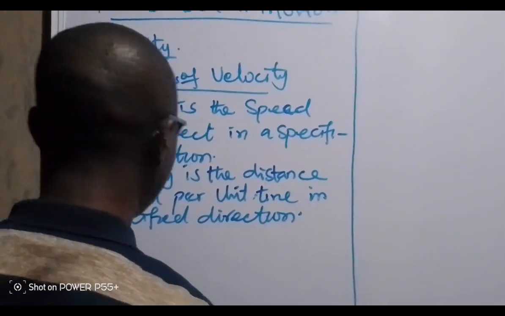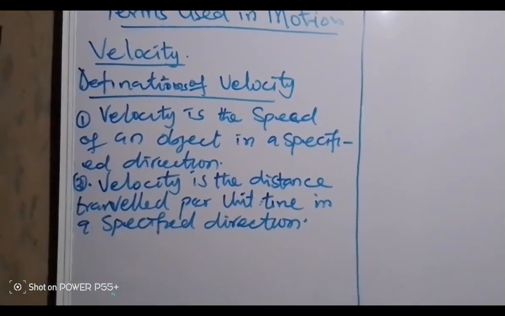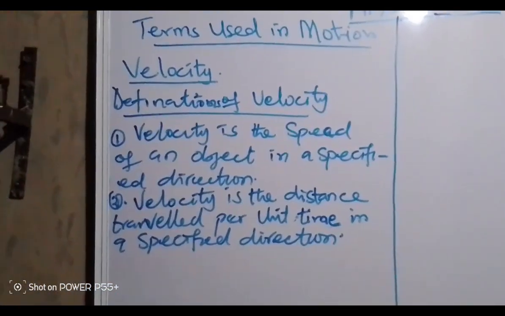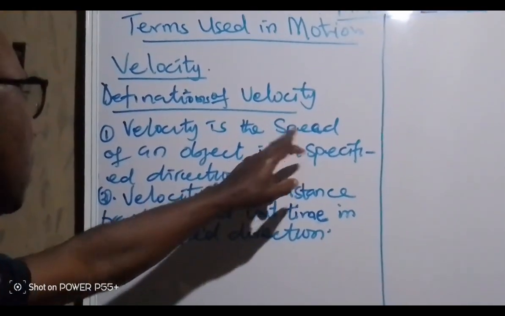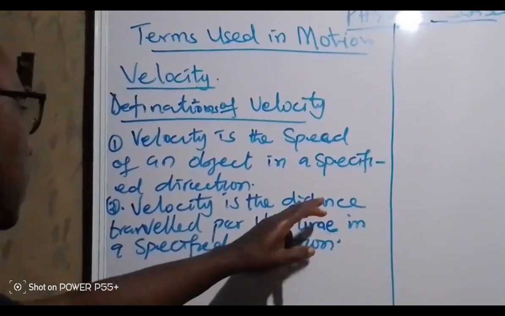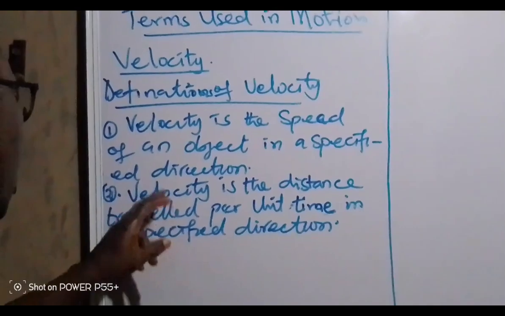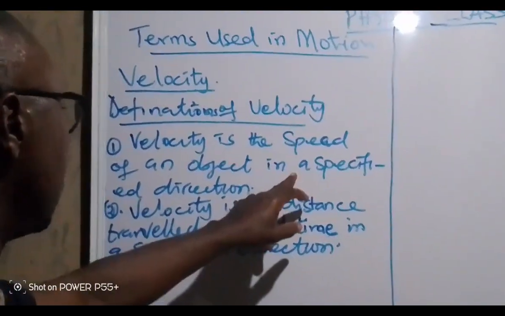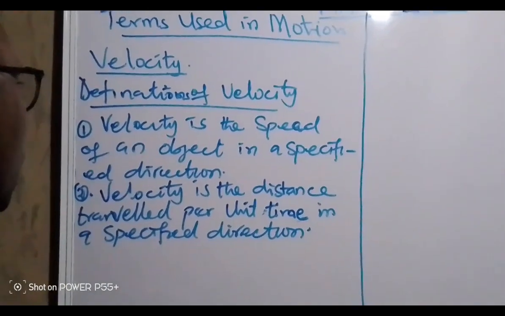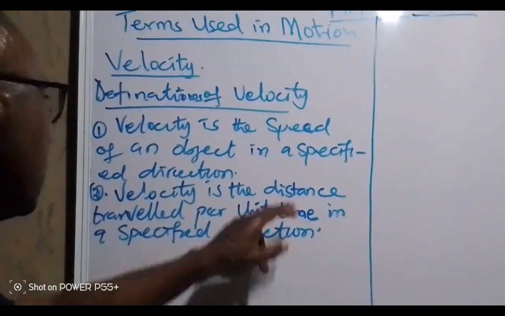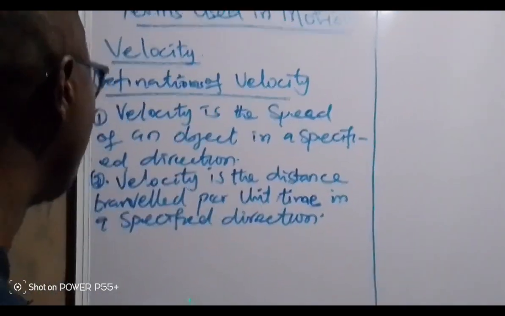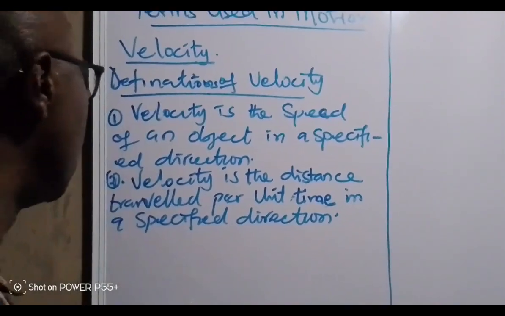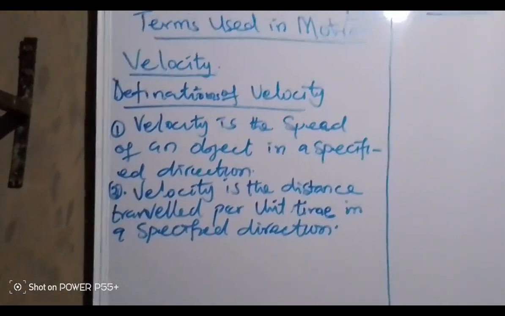The distance traveled per unit time in a specified direction. Note, by the time we use speed and velocity, or distance and velocity together, then we need to add in a specified direction, because speed and distance are scalar quantities, while velocity on its own is a vector quantity.